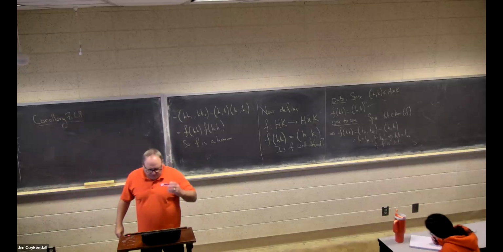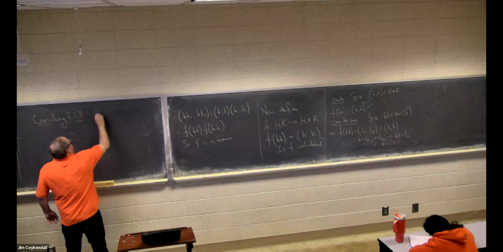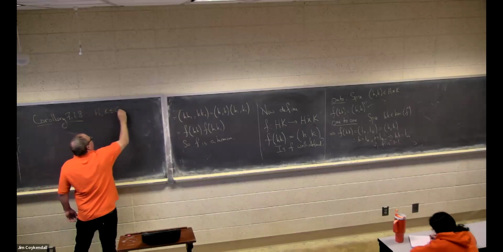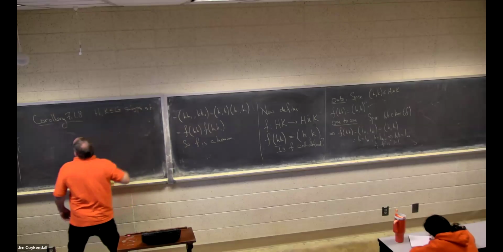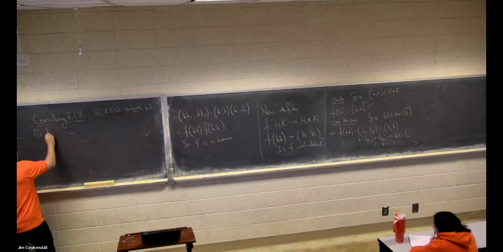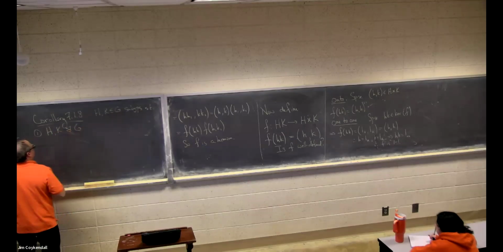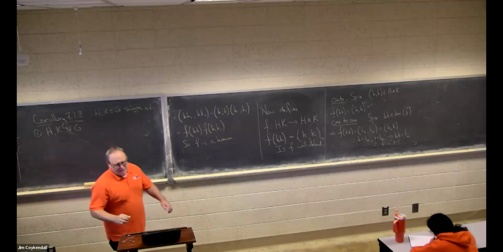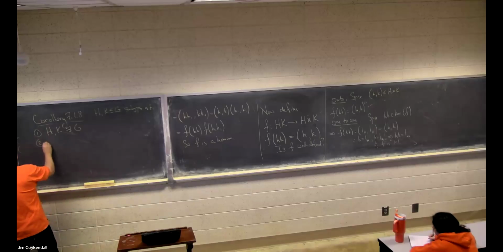So this is just the previous result with one extra added condition. H, K, and G subgroups such that, number one, H and K are both normal in G. Two, their intersection is trivial.